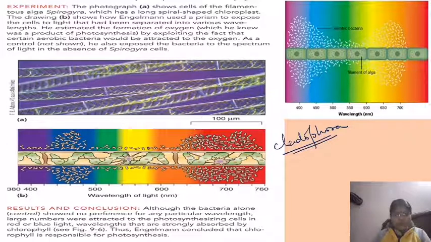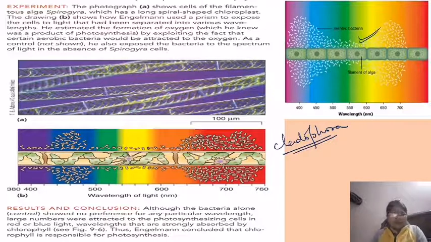The picture that I got is of Spirogyra, but the experiment is the same. This picture is showing Cladophora, and this one is showing Spirogyra. So don't be confused. He worked on Cladophora, which is given in your NCERT.